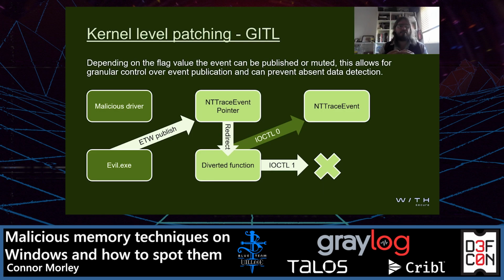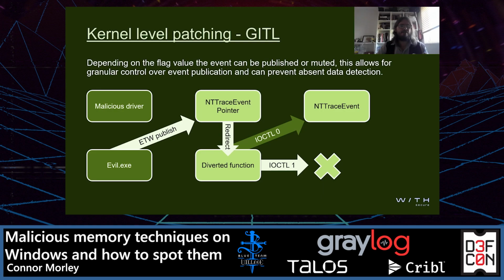Effectively, using IOCTL, a user land process can arbitrarily decide yes, generate an event, or no, I want to keep this secret. And this is important because it allows for the prevention of no data detection. Whereas with the previous examples you can just prevent ETW events from being generated at all for a process, you can therefore actually scan for lack of data.